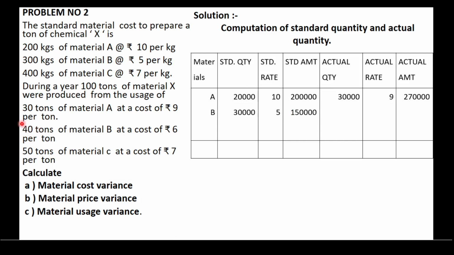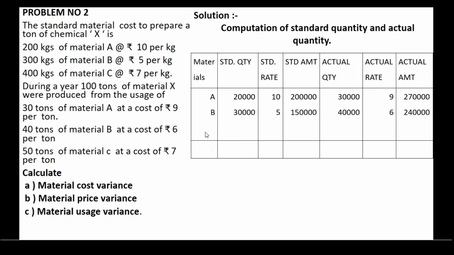So this 40 tons is multiplied with the 1000 kgs. So now 40 into 1000, 40,000 kgs is the actual quantity, and the actual rate is rupees 6. So now the actual cost is 40,000 into 6, 2,40,000 rupees.